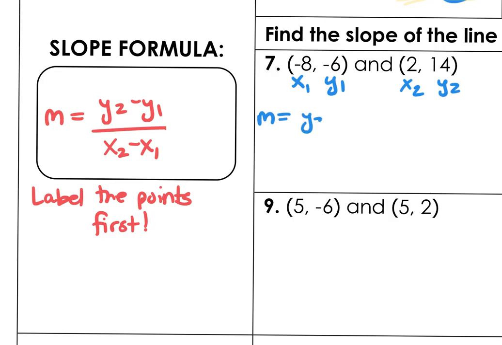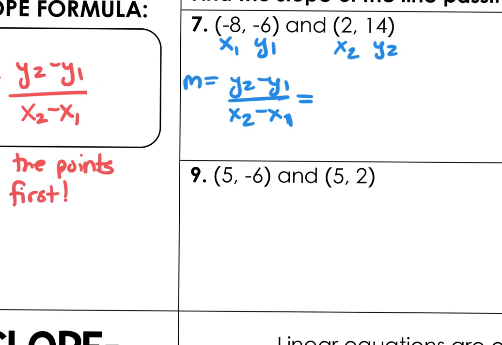Now I'm going to use my slope formula: y2 minus y1 over x2 minus x1. I'm going to plug my numbers in. In the numerator, y2 is 14 minus y1, which is negative 6. In the denominator, x2 is 2 minus x1, negative 8.